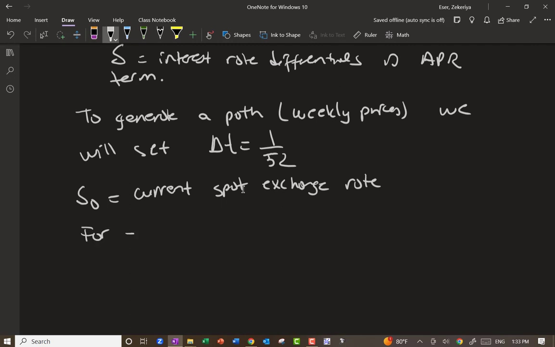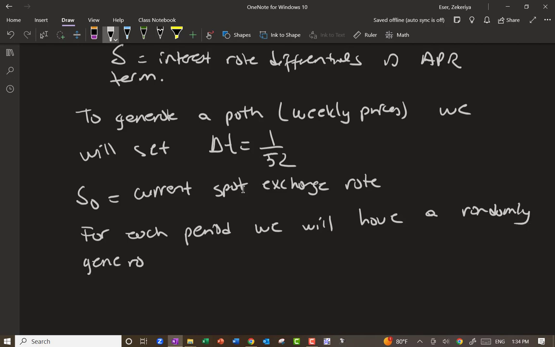And for each period, we will have a randomly generated number, and let's call that NT, which is going to be a draw from a standard normal distribution.